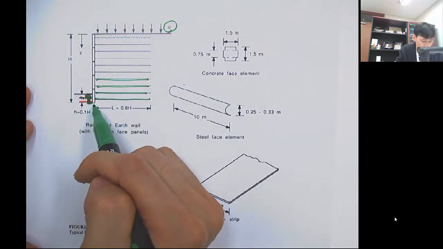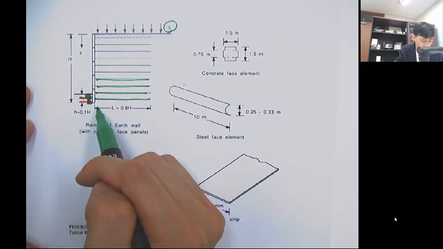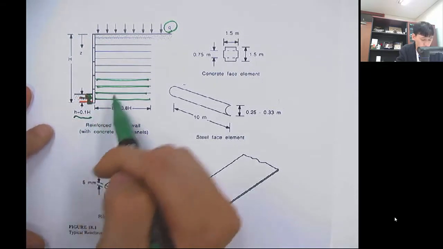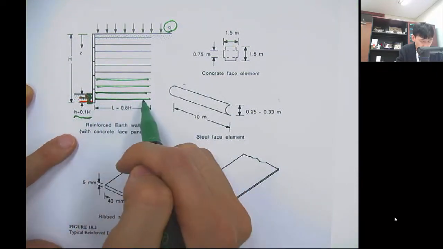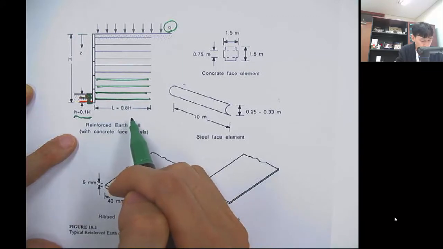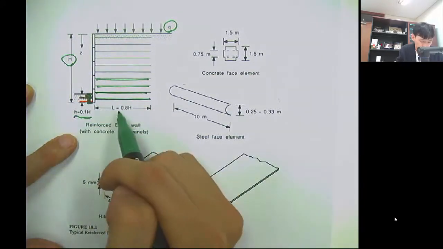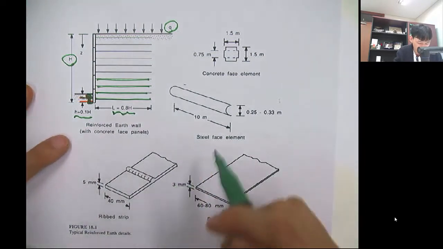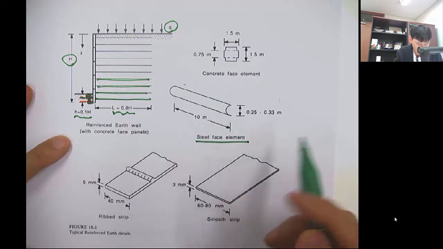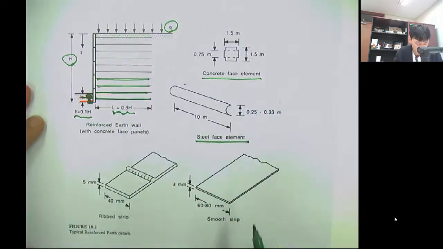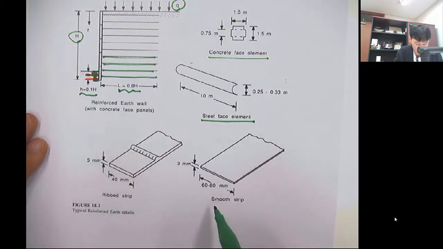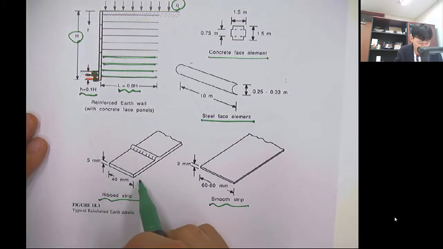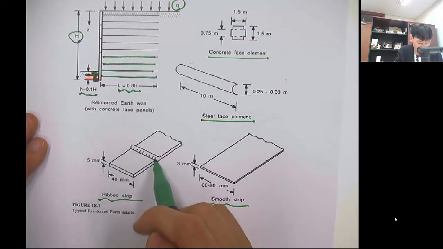This wall is embedded in the subsurface to a certain depth, which is about 10% of the total height, and the length of the reinforcement to be inserted is about 80% of the total height. You may use a steel face element or a concrete face element. For the inserted strip or reinforcing material, you can have a smooth strip or a ribbed strip, and surely this will give you more friction because of the ribs here.